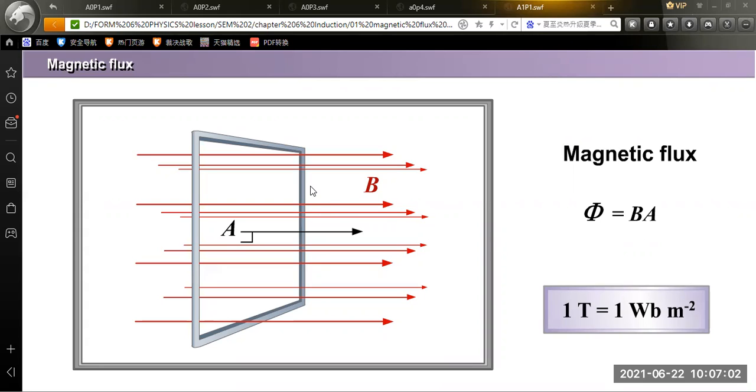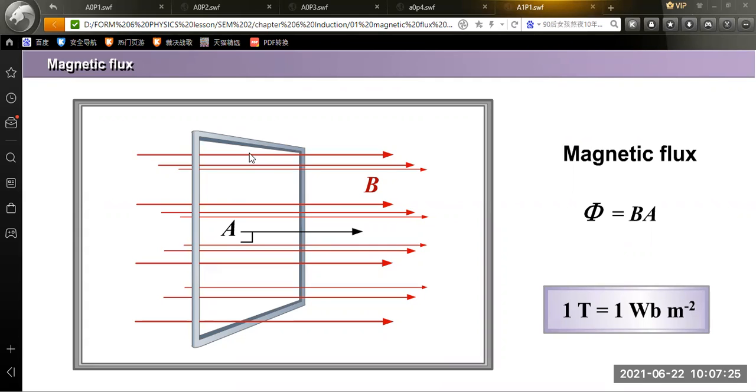The unit will be Tesla. What is the meaning of Tesla? 1 Tesla means 1 Weber, that means the unit for the magnetic flux density times the cross-sectional area.